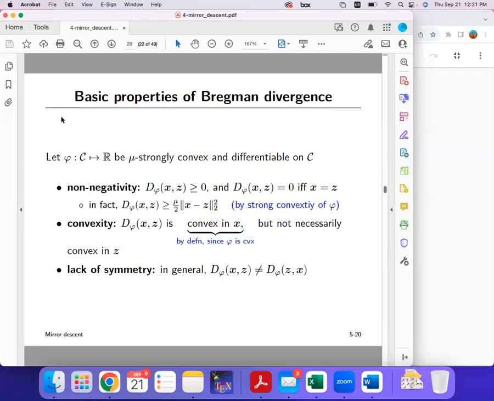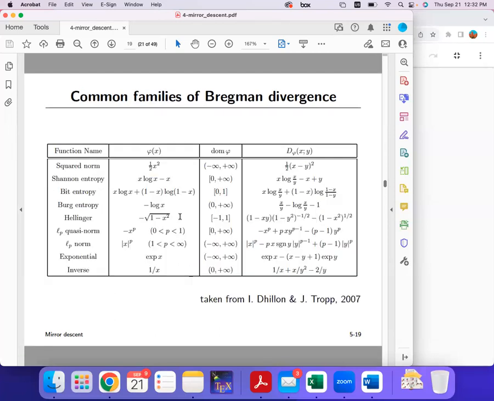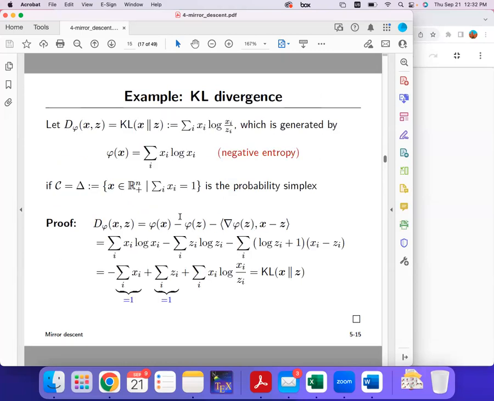So this divergence shares some similar properties with the distance function. For example, it is non-negative. For any two points x and z, it is non-negative, because if you look at the definition of Bregman divergence, this is guaranteed by phi being a convex function.